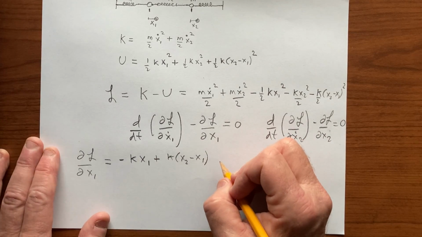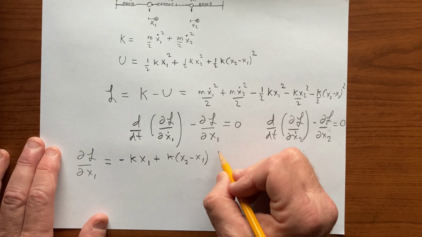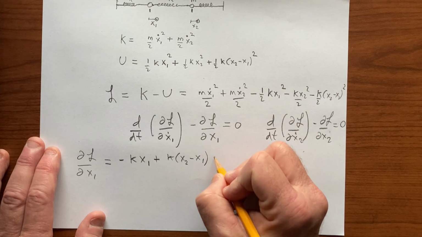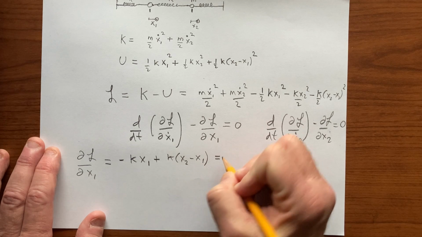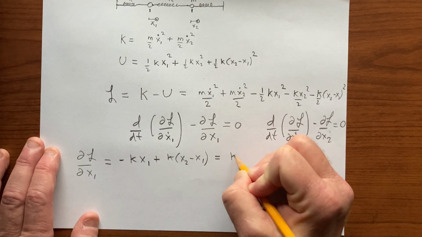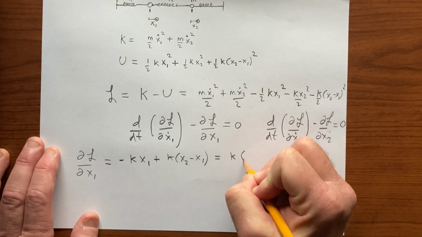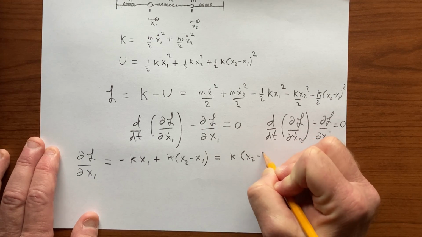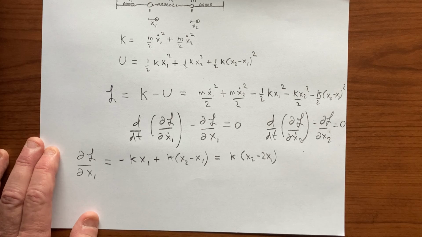These can be combined into k times (x2 minus 2 x1).